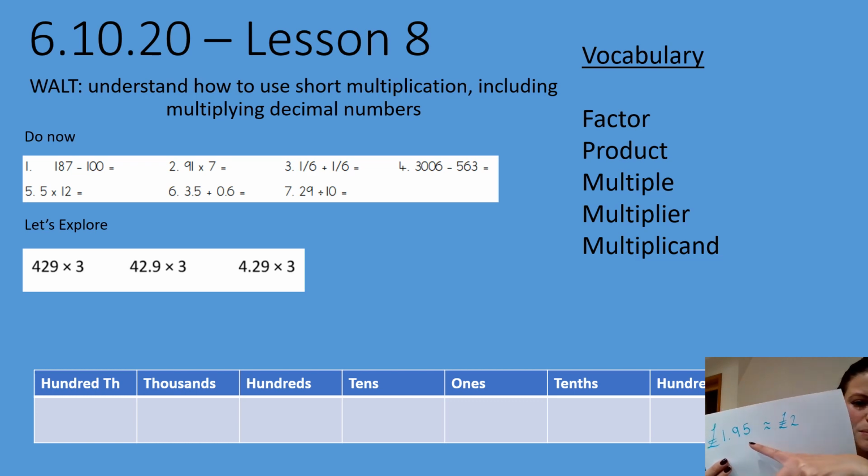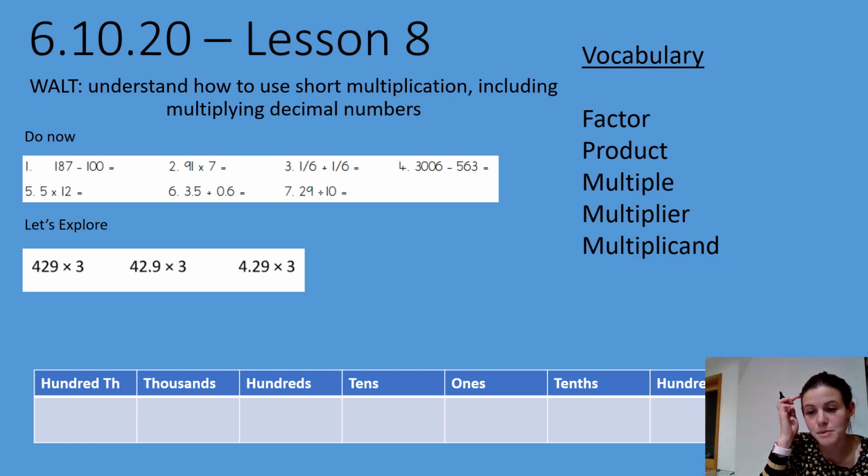So actually, instead of multiplying £1.95, I might multiply £2 and then have a look at what that difference is at the end. So for example, if I'm supposed to be doing £1.95 multiplied by 3, but actually I multiplied £2 instead, I've now got £2 multiplied by 3. Now I know that's going to give me £6 as an answer, okay?